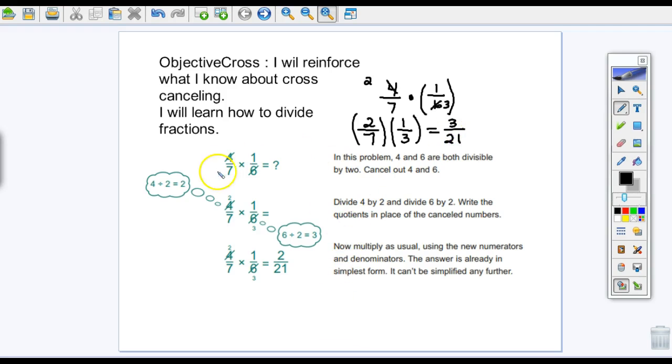Okay? So this example showed us an example where we can cross cancel across my signs. And remember, it has to be top to bottom and over your multiplication sign. Okay? Go ahead and pause and copy this down.